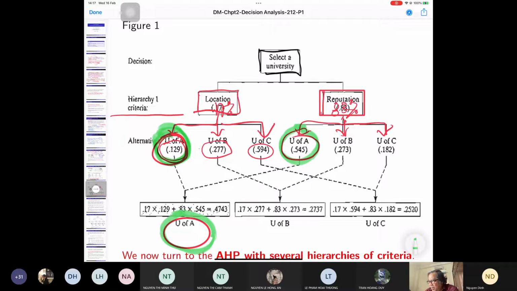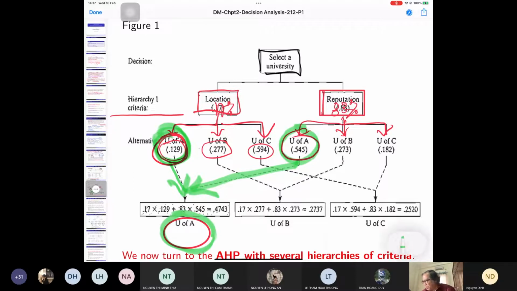When you compute the composite weight of the University of A, you need two things, two points: one point of the location, one point of the reputation.